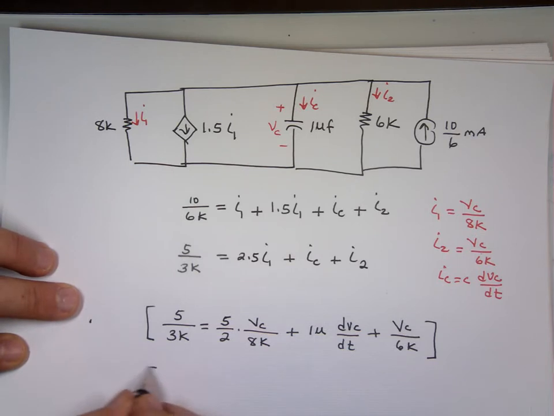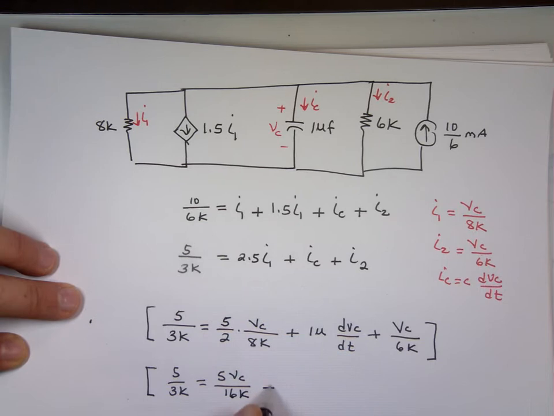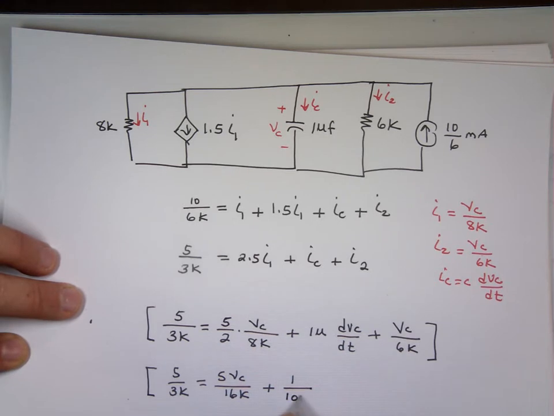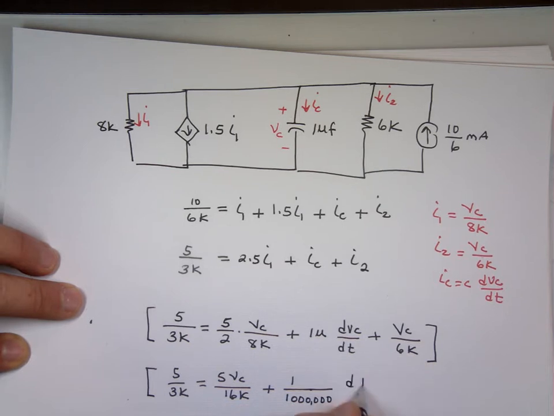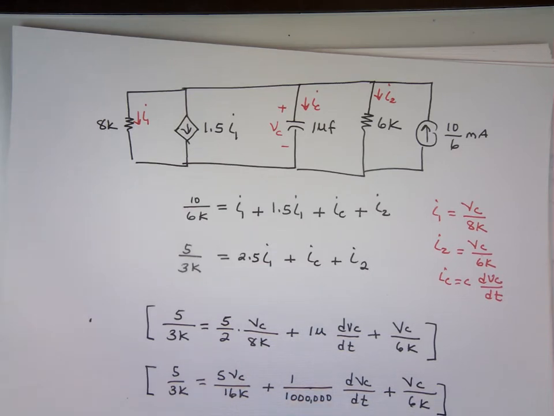Because if you look at this, that's 5/3K equals 5 VC over what? 16K plus 1 micro, that's what? 1 over a million, right? dVC dt plus VC over 6K. So I think the LCD for these numbers, I can leave the 1 micro here, it's not a big deal. I'm not worried about that number.